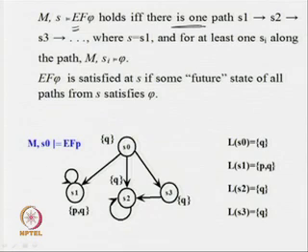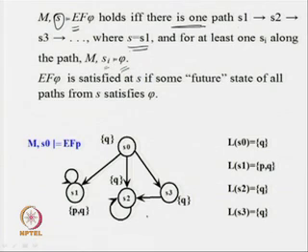We look at one path going from S 1 to S 2, S 2 to S 3, where the starting state of the path is the state of our concern S, and for at least one S i along that path, M, S i models phi. That means phi holds in some state S i along that path. In that case, E F phi holds in that state.